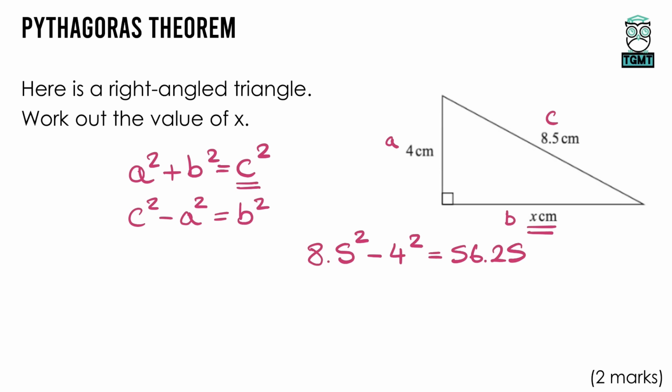Now clearly that side cannot be 56.25, so this should trigger your memory that at this point you need to square root that answer in order to get to the length that we are looking for. You can use your answer button to speed things up, but you will get the answer 7.5. That's 7.5 centimetres. Centimetres was already given to you next to the x, so all we would need to say is 7.5 for the value of x. And there we go, that's using Pythagoras theorem.